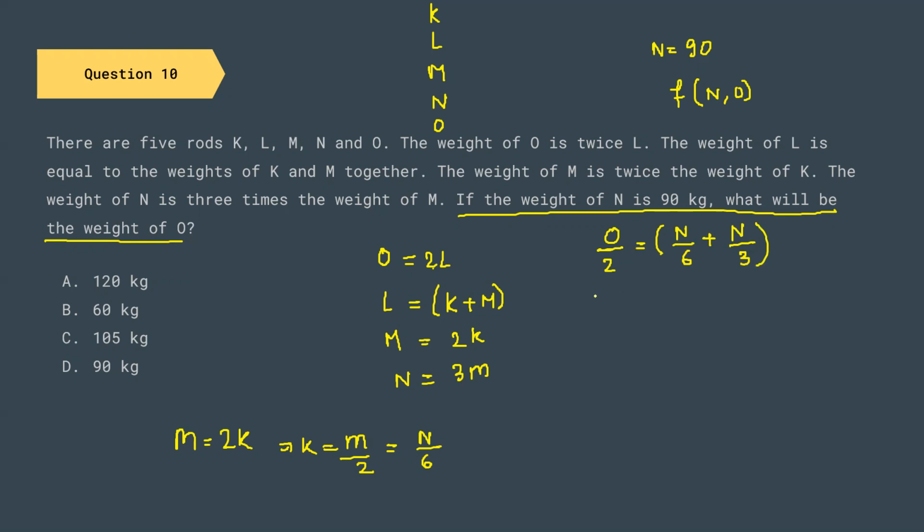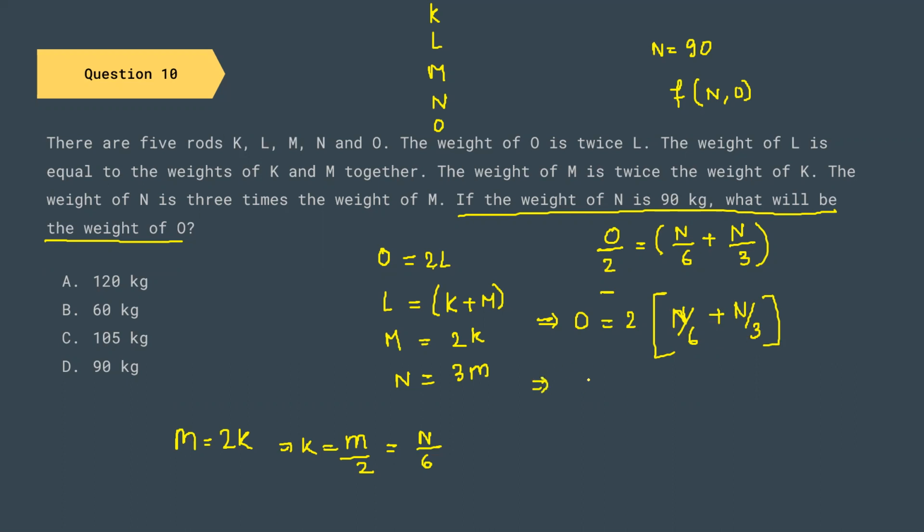I'm not going to calculate anything. I'm just going to take 2 on the other side. So we will have O equal to 2 into (N by 6 plus N by 3). I'm not going to calculate anything because I know that 90 can be divided by 6 and 90 can be divided by 3 also.